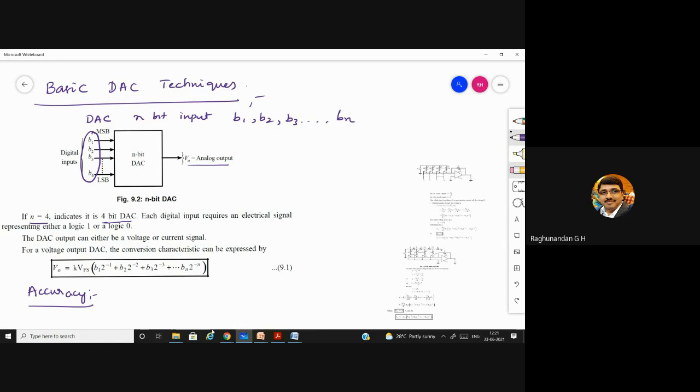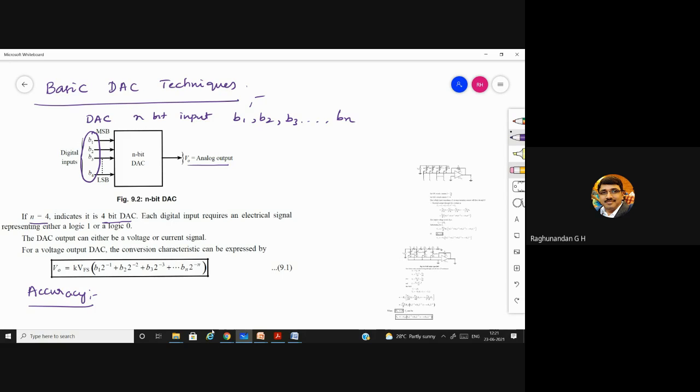Let us assume that for 0, 0, 1, 0, some equivalent value is 2.5 millivolt.